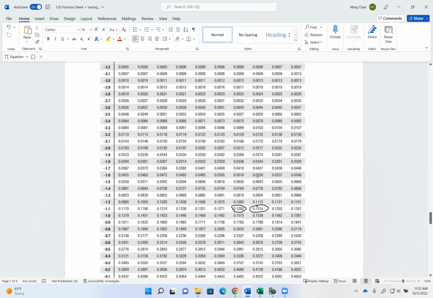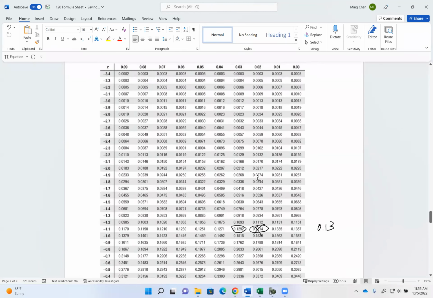So which one is closer to 0.13? Well, 0.1314 is 0.0014 away. This one is only 0.0008 away. So this one is closer, not that one. So this one would be negative 1.1 and look up to the top, 3.